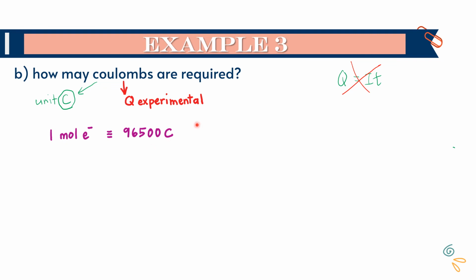So, kita dah ada ke belum number of mole untuk electron experimentally? Yes, kita dah ada. Kita dah cari pada bahagian A tadi yang mana kita ada 2.93 mole of electron. So, do the math. Okay, 96500 darab 2.93 bahagi 1 and we get the experimental charge ataupun the coulomb required as 282,745 coulomb.